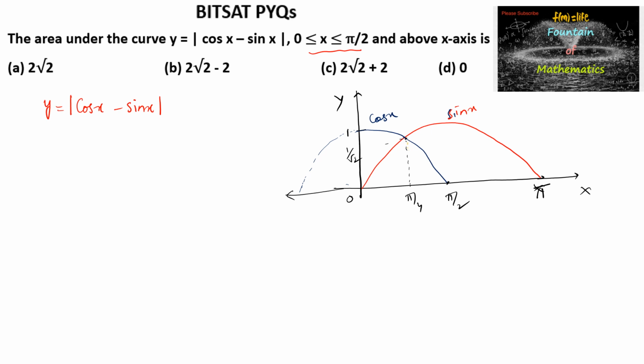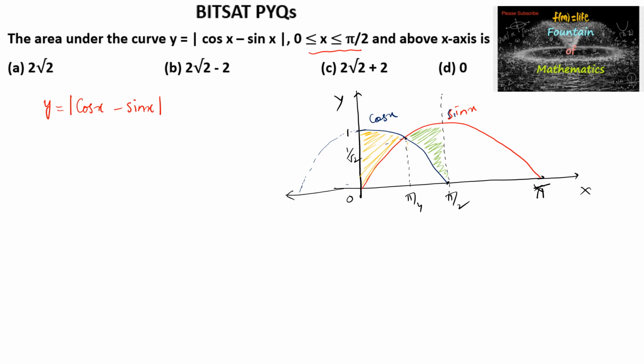In 0 to pi by 4 the graph is such that cos x is greater than sin x, and again pi by 4 to pi by 2, we can see that the graph is where sin x is greater than cos x.